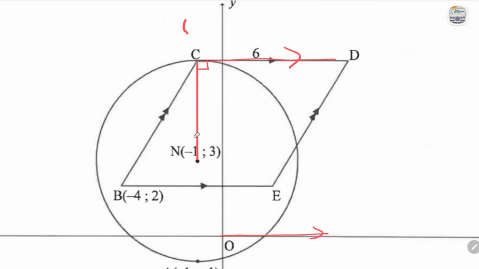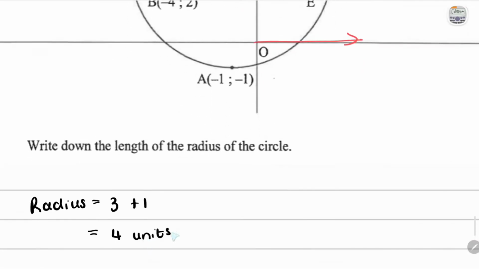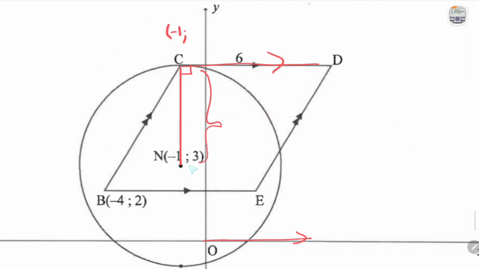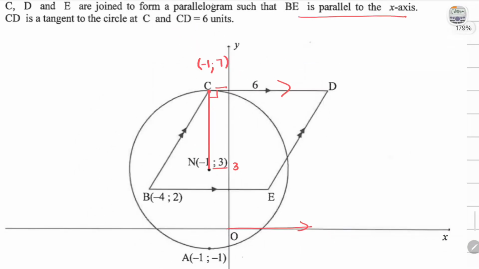So we literally just move up by the distance of the radius to get to that point. And the x value is -1. To find the y value, we already know that the radius is 4 units. So you're moving from N, with the y value of 3, and you're moving 4 units up to get here. That's going to be 7. So that's (-1, 7), and that will also be the coordinates of C.